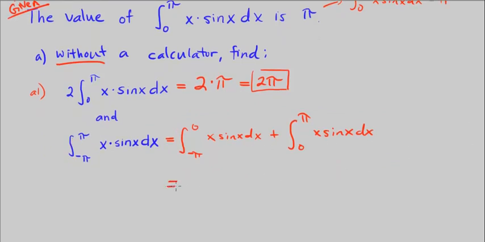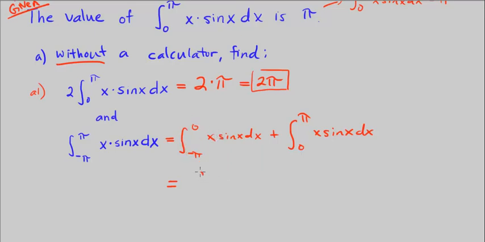So then we could go ahead and say, well, this right here we know exactly it's equal to pi. That's given, the same thing as in our given information. But this might be a little trickier unless you investigate more. But what we can do right away is change the direction of my start and stop limits.